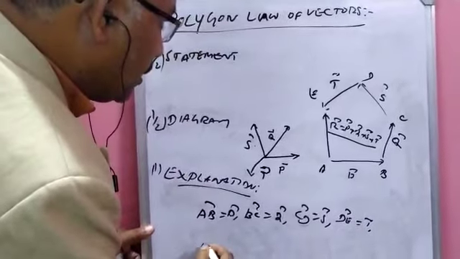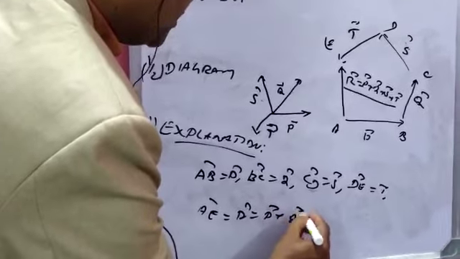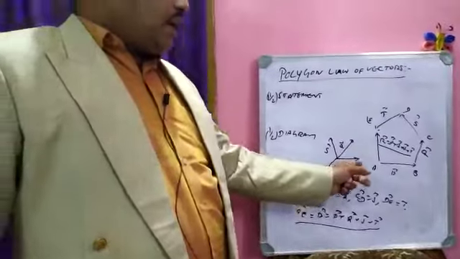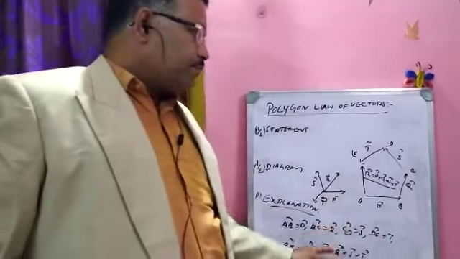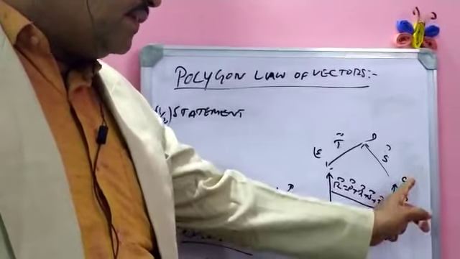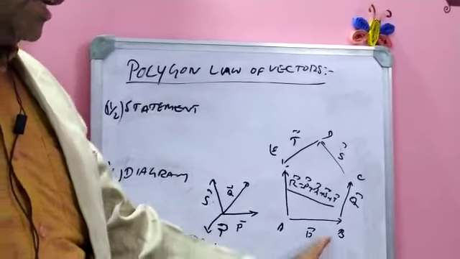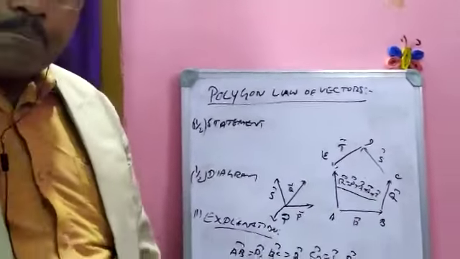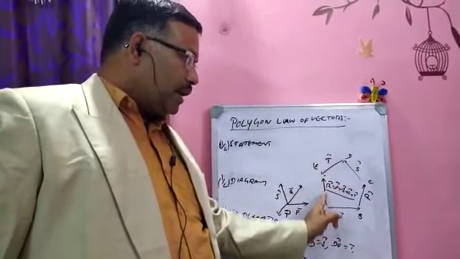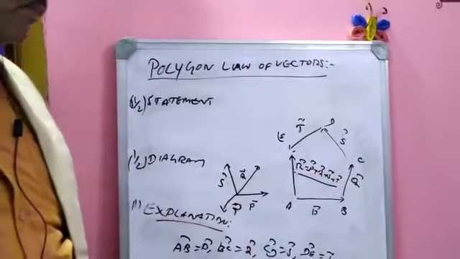The resultant AE is P plus Q plus S plus T. ABCDE is the polygon. The sides AB, BC, CD, DE are represented by the vectors P, Q, S, T respectively, and the addition of P, Q, S, T is given by the closing side of the polygon, that is, the resultant P plus Q plus S plus T.